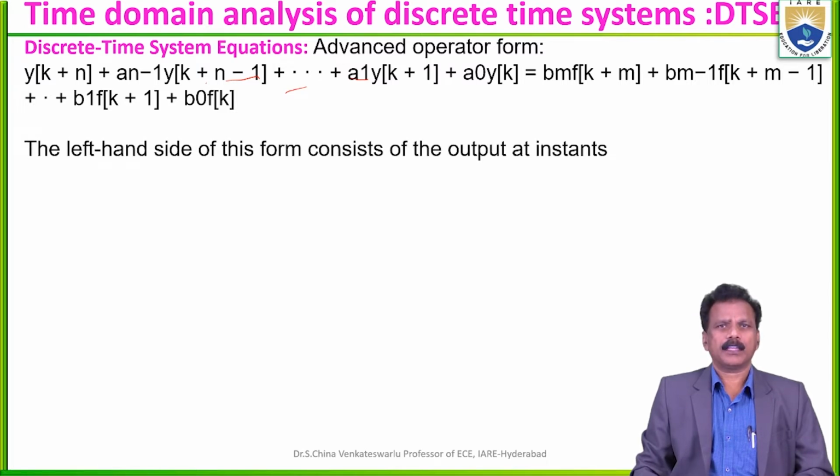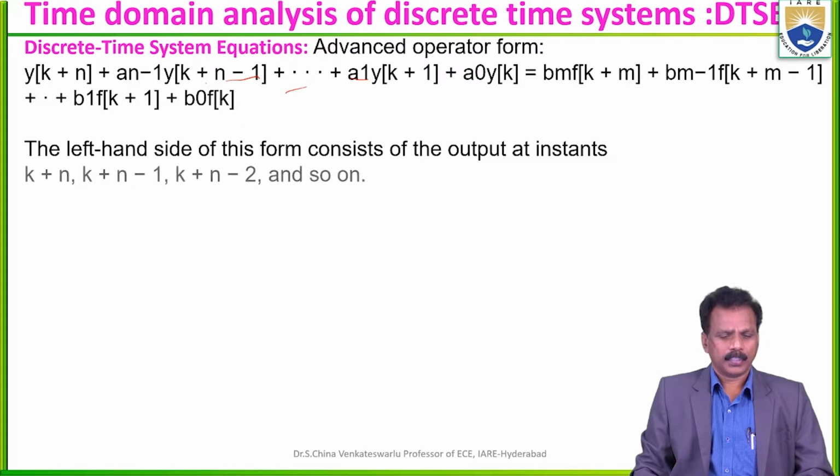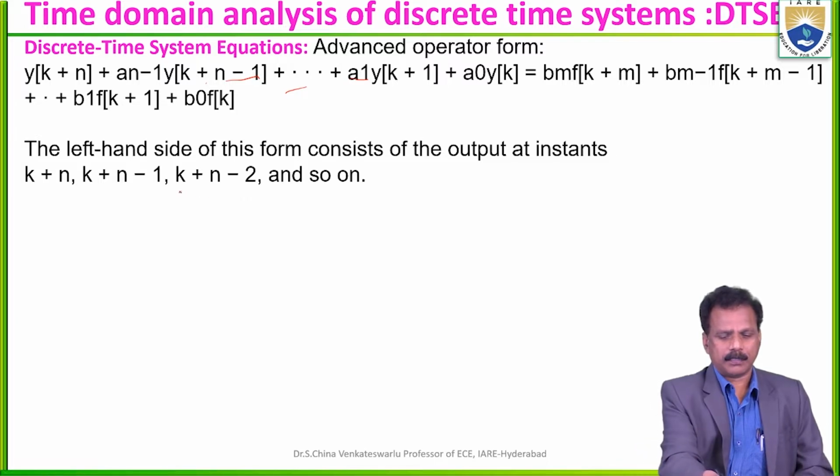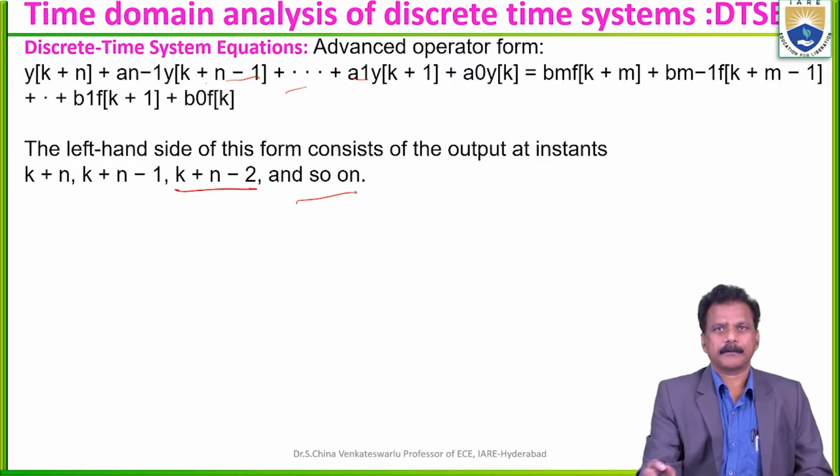The left hand side of this discrete time system equation, in advanced operator form, consists of the output at instants k plus n, k plus n minus 1, k plus n minus 2, and so on.